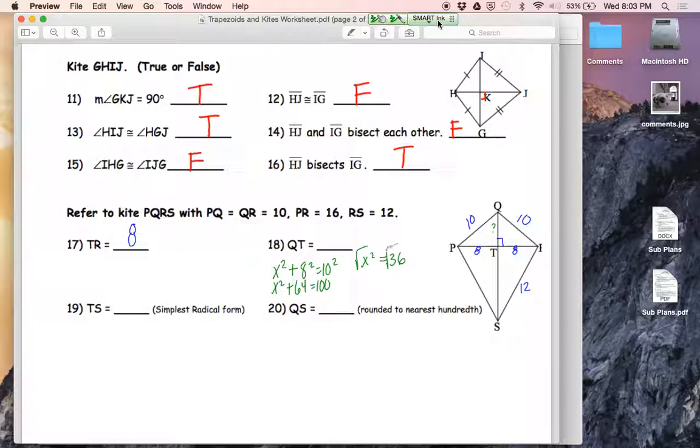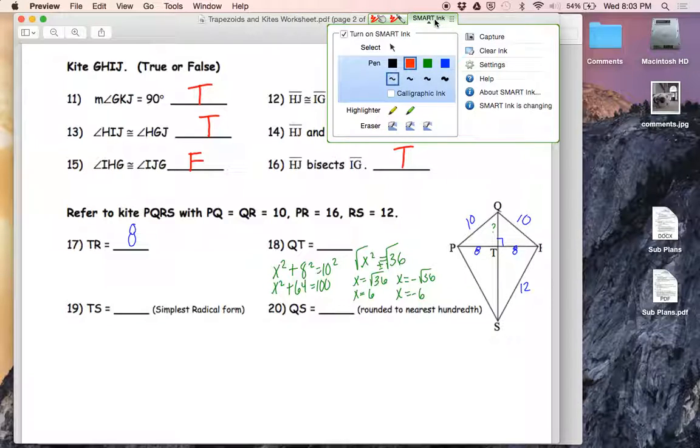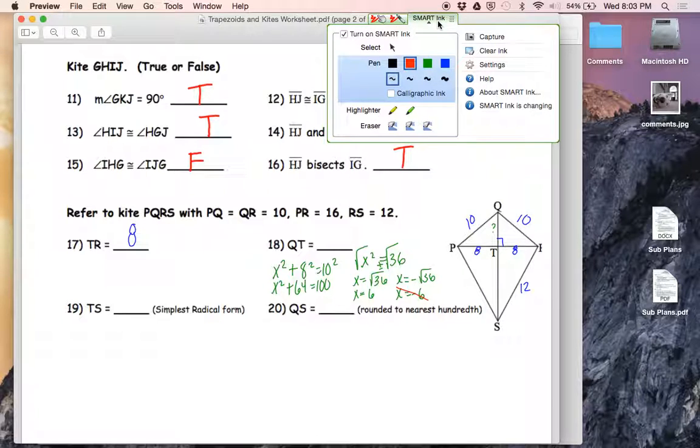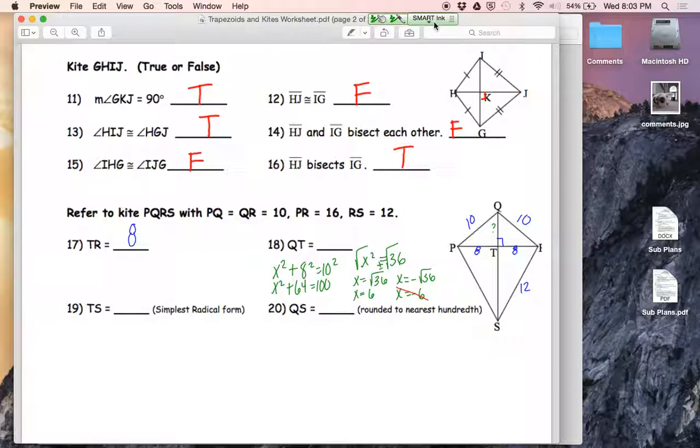Take the square root. When you add a square root, you add a plus or minus. So x equals square root 36 and negative square root 36. So we get x is 6 and negative 6. And I know that I don't want the negative 6 because we're talking about the length of the side of this quadrilateral. So x equals 6. So my QT is 6.